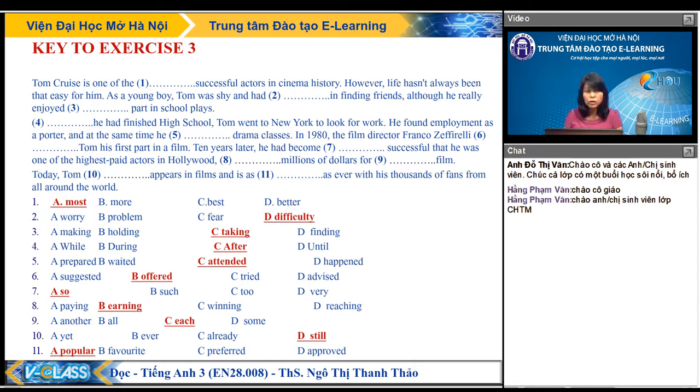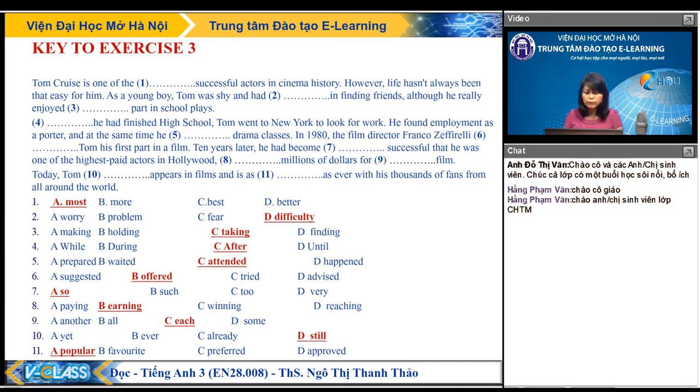So now we have to think about the structure. The structure and the meaning of the words would be most suitable to fill in gap number 2 here. So what do you think about worry? Is it worry about? Problem in? No, it's not correct. Fear in? No. So the structure here is have difficulty in doing something. So D is the correct answer for number 2.